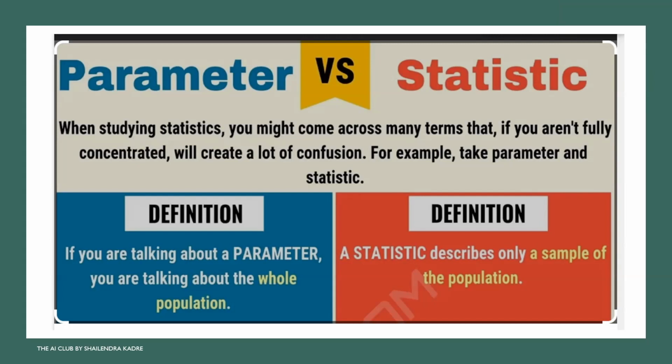And SS: statistic, sample. Statistic is always attached to sample, and parameter is always attached to population. So remember PPSS. Like that you have to remember it, otherwise it is very confusing.